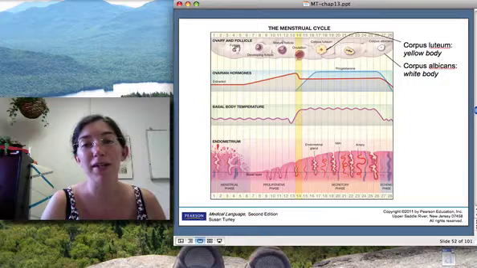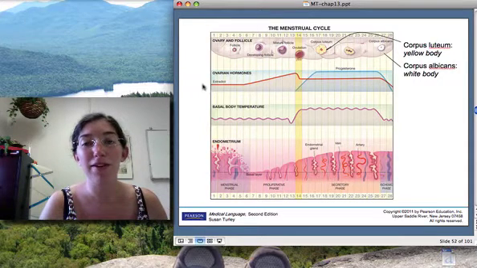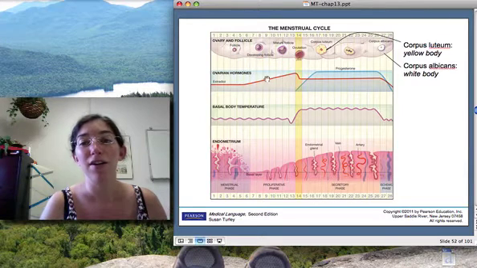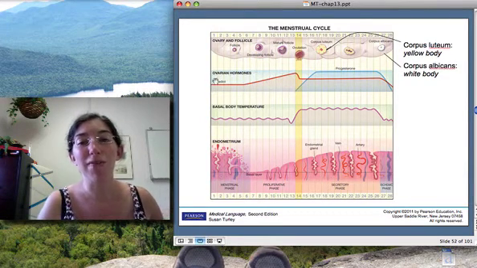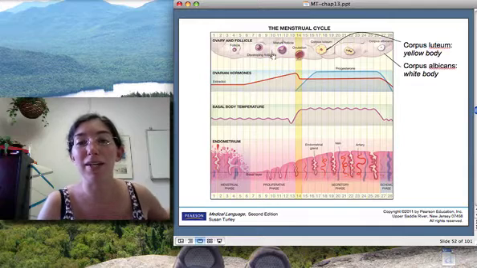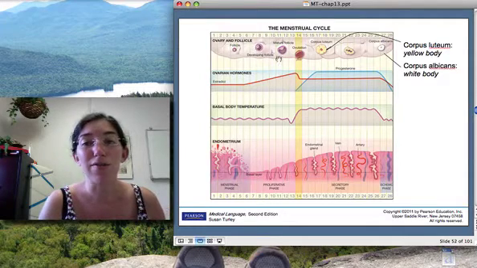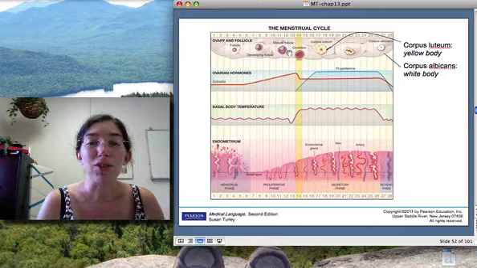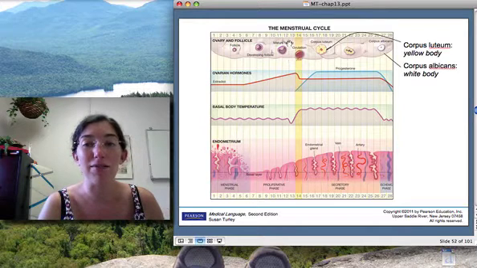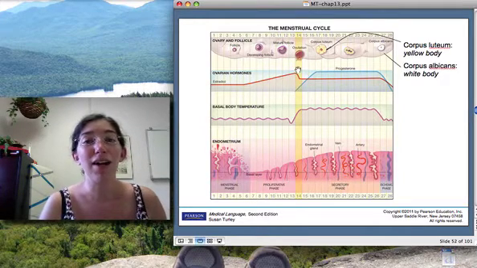So it starts developing. One of the things that helps it develop is estrogen, estradiol, which starts increasing after the first week, in the second week, as the follicle starts to develop. When the follicle is mature at the end of the second week, you get ovulation.